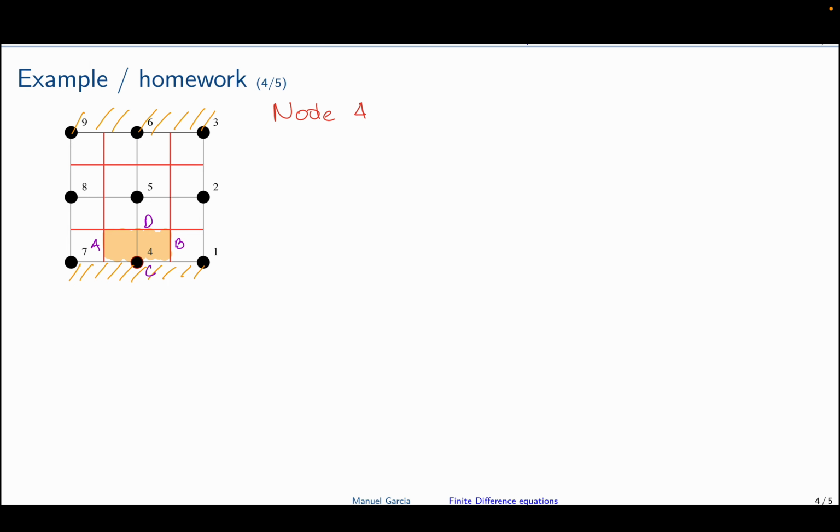So the general equation will be minus QA minus QB minus QC minus QD plus Q dot delta X delta Y, divided by 2 because it's half the cell, equal to 0. We start with QA. QA is out minus in, multiplied by K and by the area.